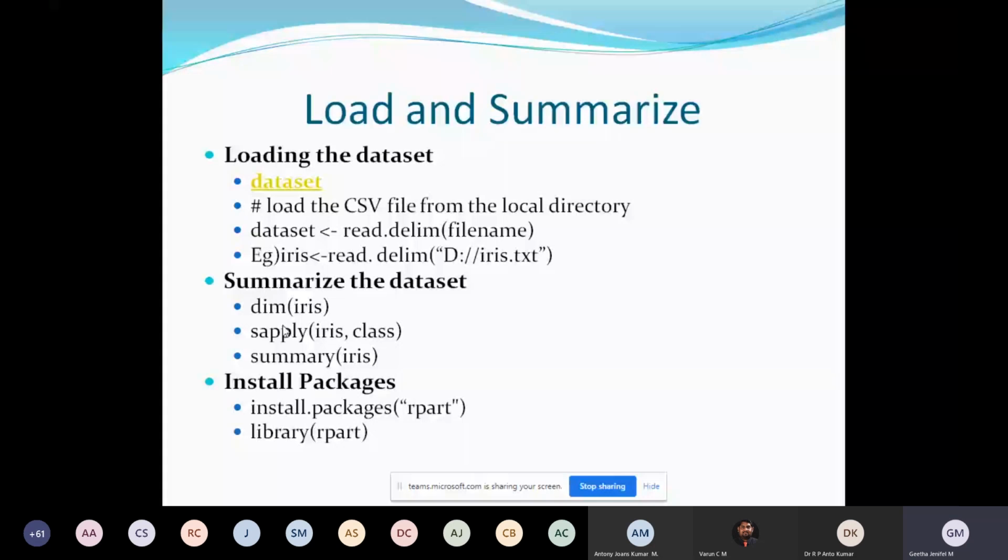The next one is the type of the attributes. I want to know the type of the attributes, so for that I have used the sapply function. Sapply has 2 arguments. One is the data set, that is iris. The second one is class, which gives the type of each variable, including the class variable, that is the response variable.